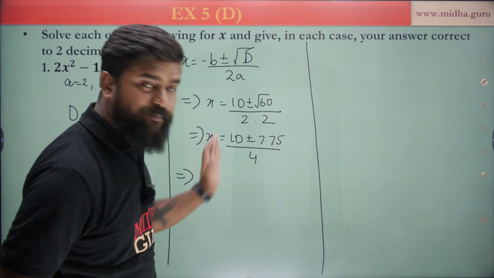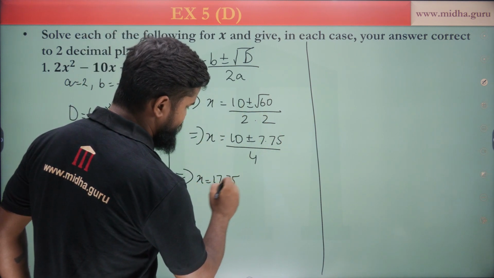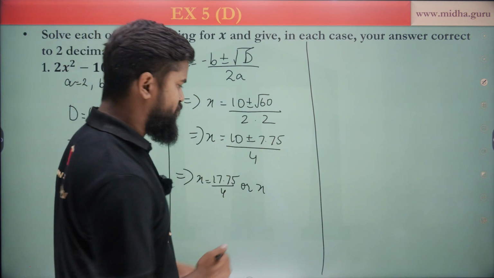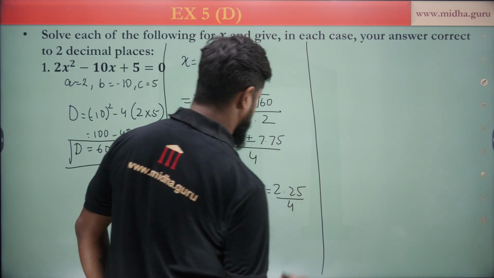So once it will be 10 plus 7.75, which will become 17.75 by 4. Or it will be 10 minus 7.75, which will be equal to 2.25 by 4.